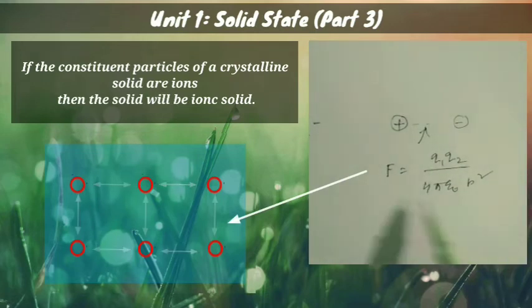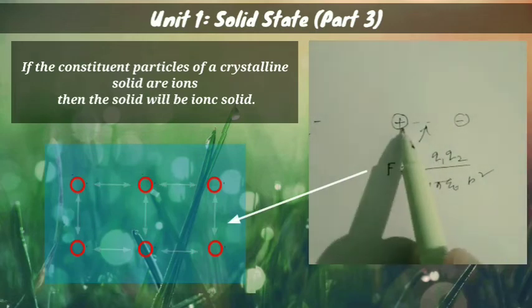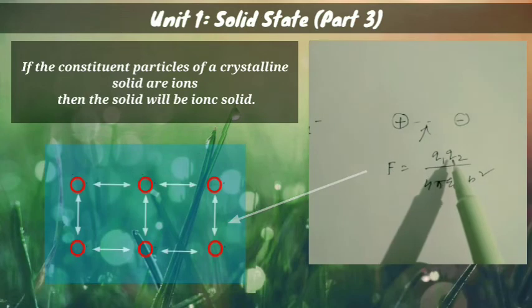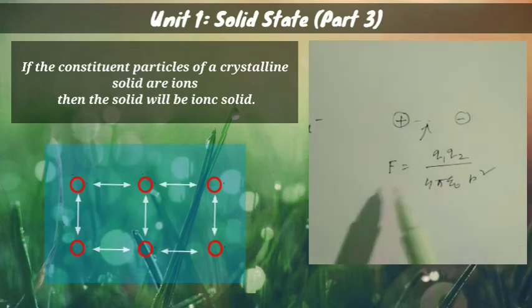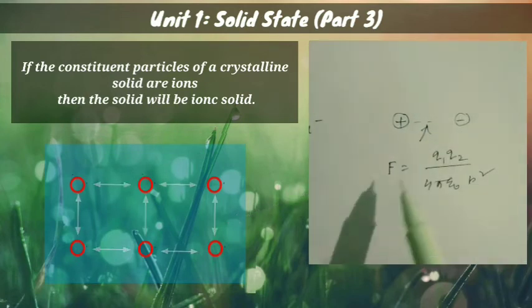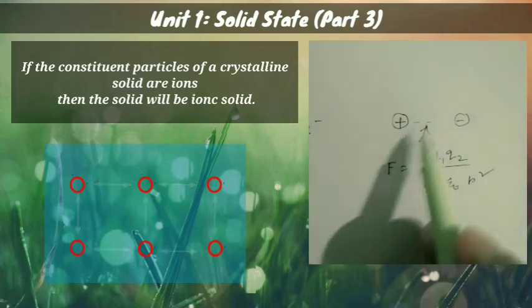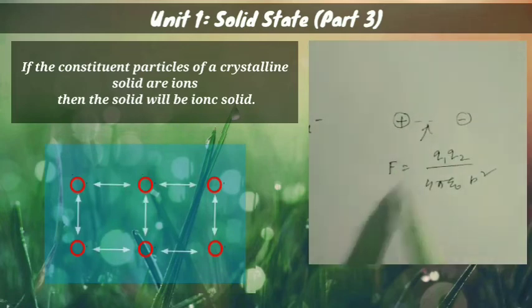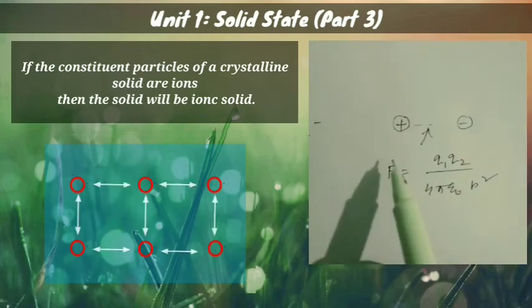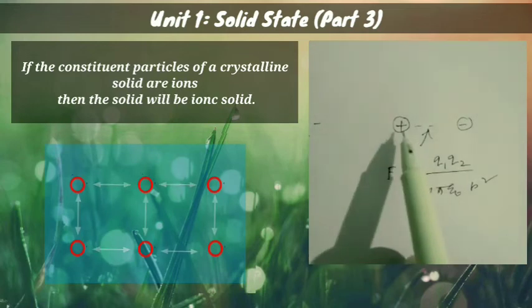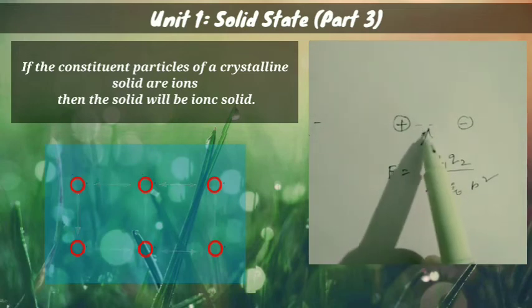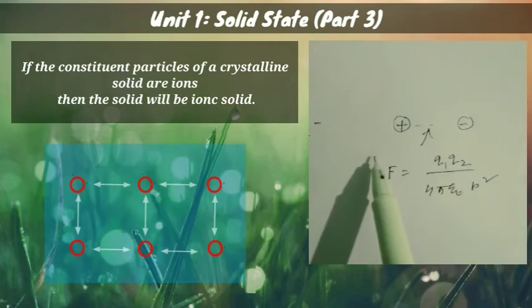Here q1 represents the positive charge and q2 represents the negative charge. So this is the force of attraction, the intermolecular force which will be observed between these two charges.